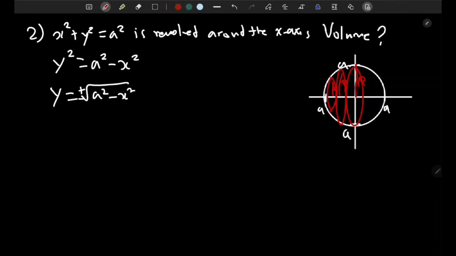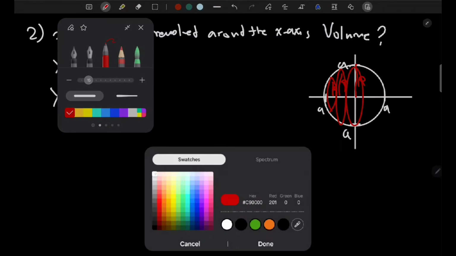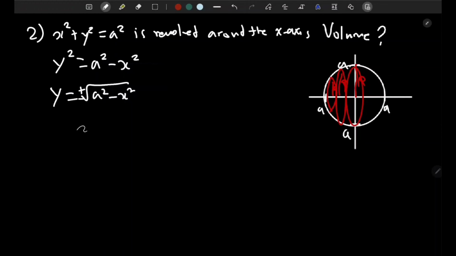So now let's write the integration equation. The integration from negative a, by the way, this is negative a, so negative a to a of the formula pi r squared, and here our r is going to be the equation of the line for y, which is over here.